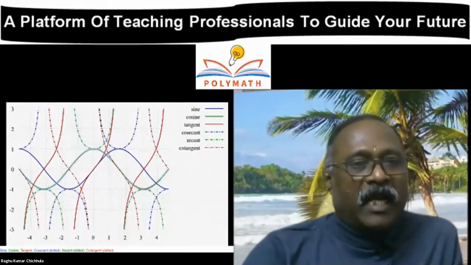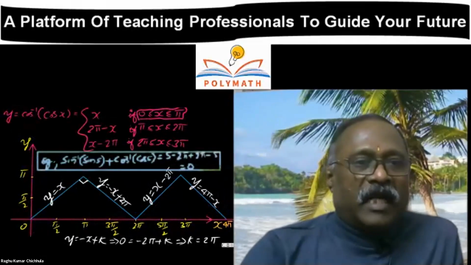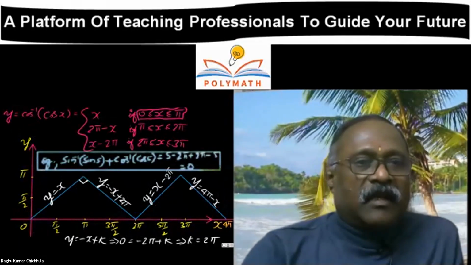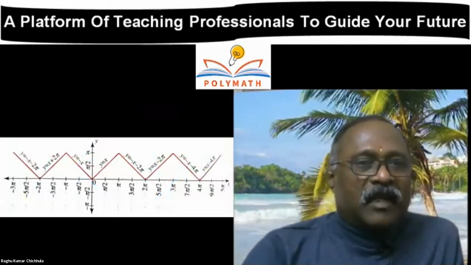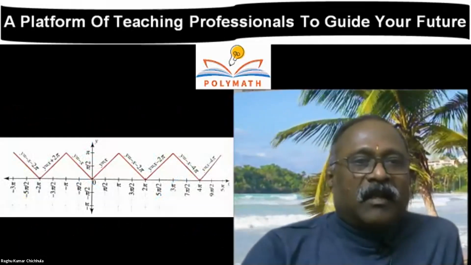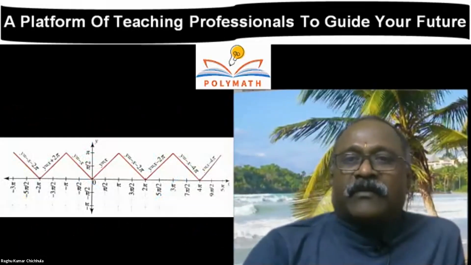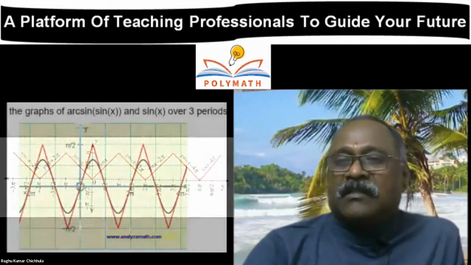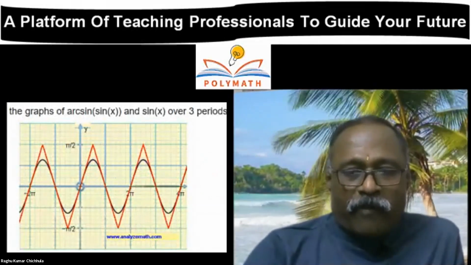That's what I'd like to discuss. Simple. We'll close with this. That is, if you take the sine x graph and if you take the sine 2x graph and if you take the sine x by 2 graph, how will it be?